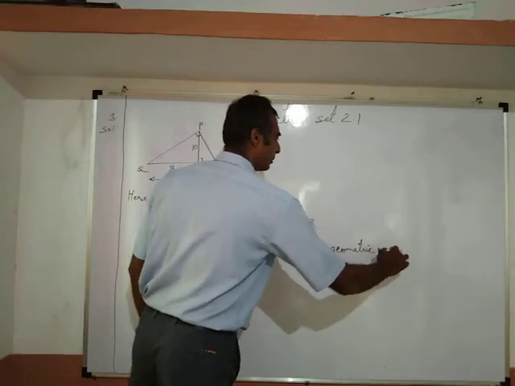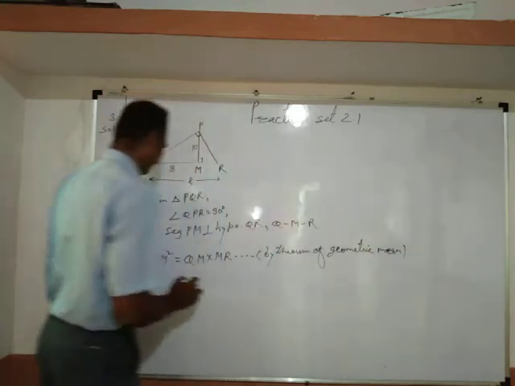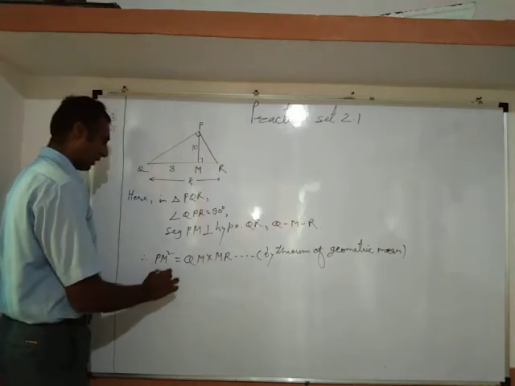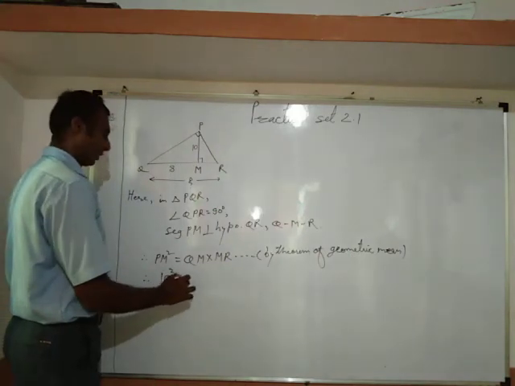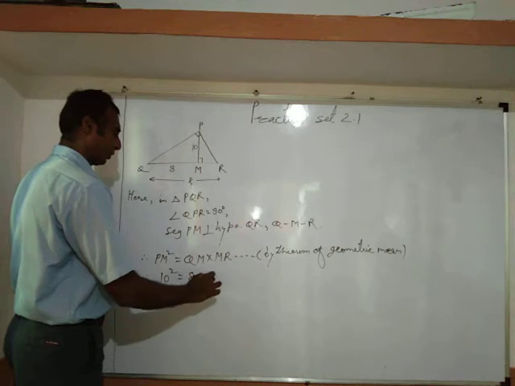By the theorem of geometric mean, 10 square equals 8 into MR.